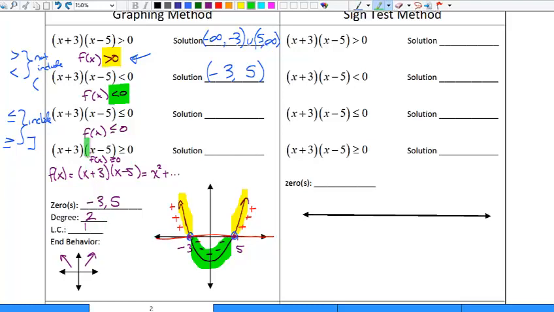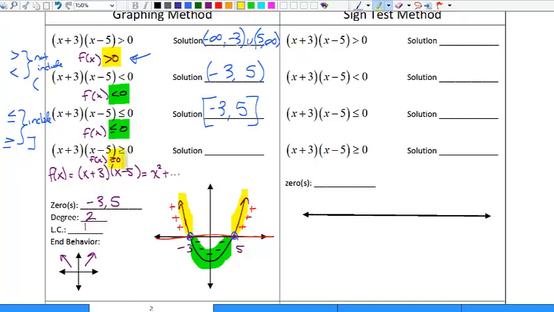On to the next problem. Where is f of x less than or equal to 0? Again, that's the green shaded region that we talked about. But in this case, it's not just less than 0, it's also equal to 0. So it's the same region, -3 to 5, but this time it's brackets. And on our last problem, we have where is the function greater than or equal to 0?